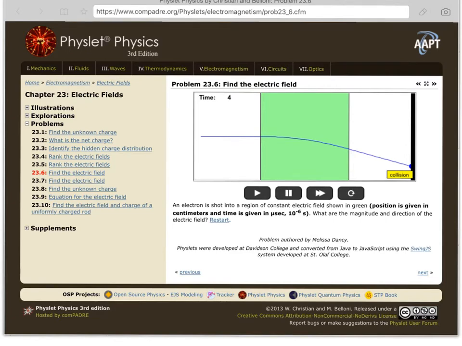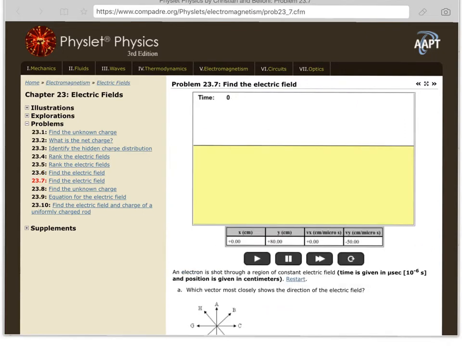All those same equations that I talked about back in number 4, I think it was. And again, only this time the electron's coming down. And in this case you have all the position and velocity measurements for you.